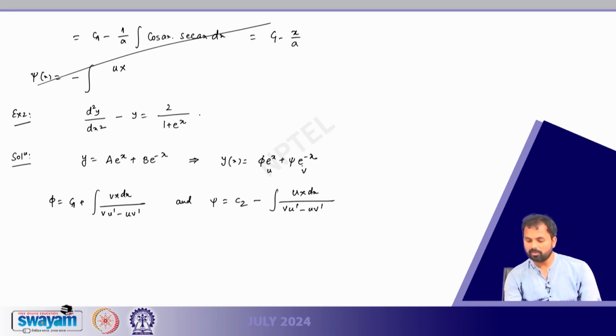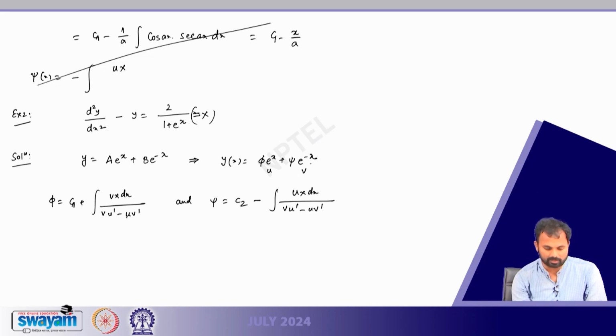From here you just substitute your X, which is this thing, this is our v, and similarly this is our u. Then you calculate these derivatives.